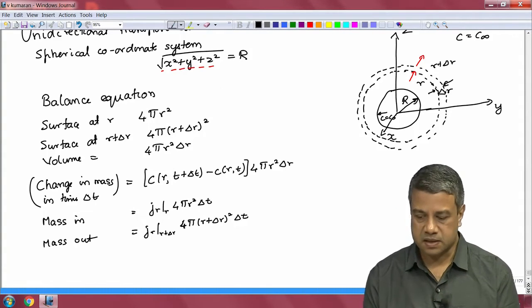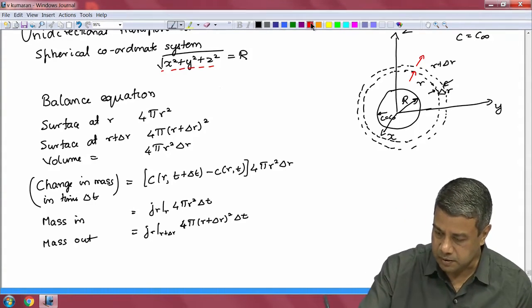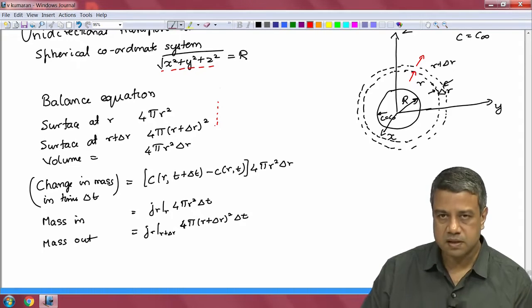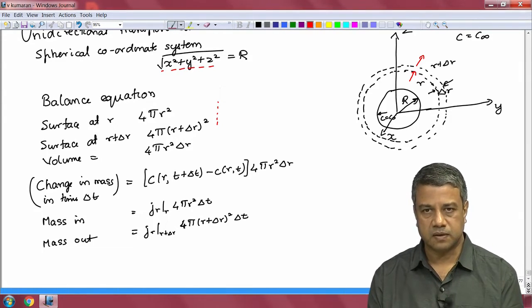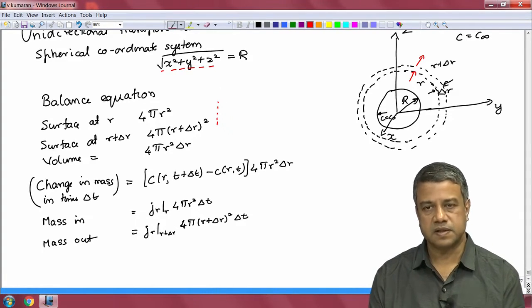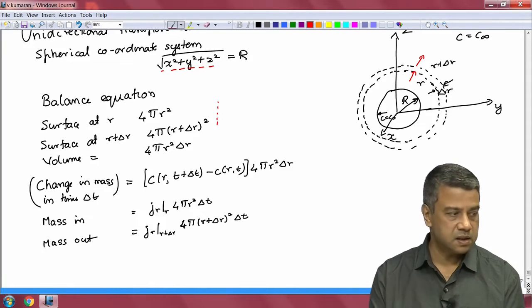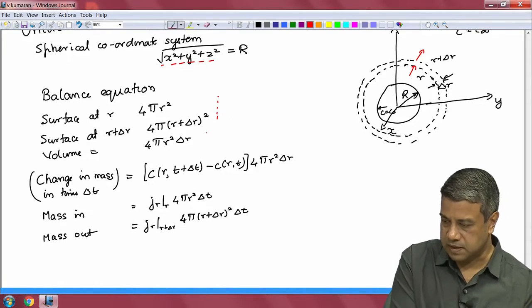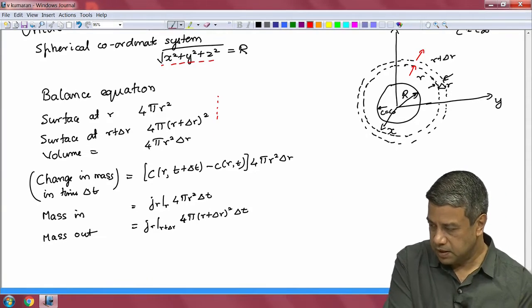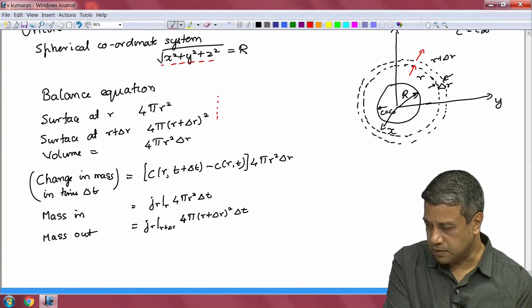Note that in this case the surface area does depend upon the coordinate. The surface area at the surface r plus delta r is larger than the surface area at the surface at r.